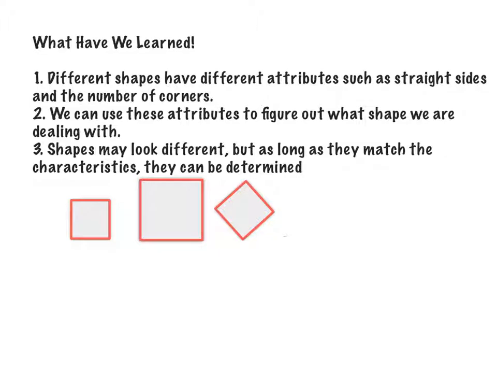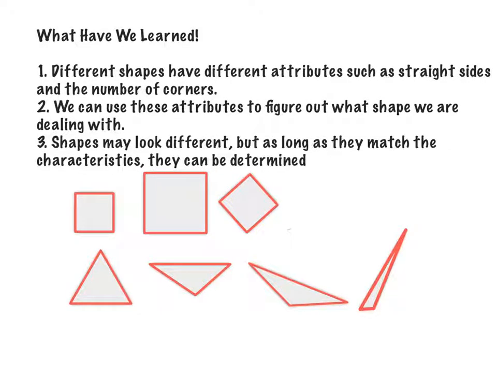The same can be said about triangles. All 4 of these shapes are triangles, since all 4 of them have 3 straight sides with 3 corners. That is a triangle's attributes.